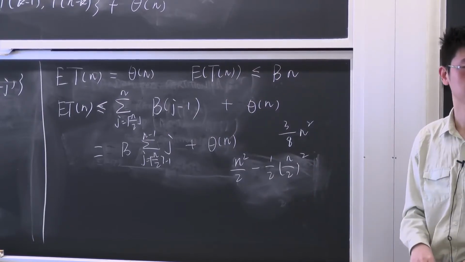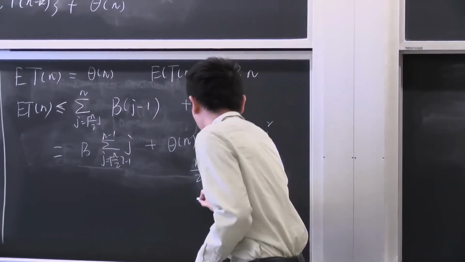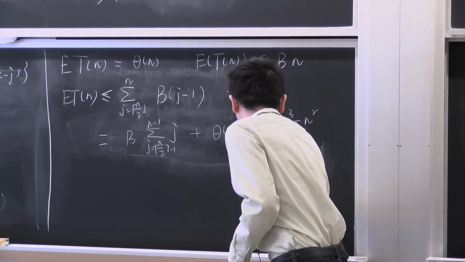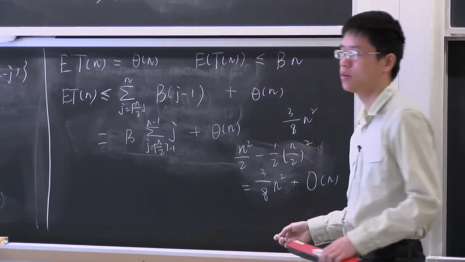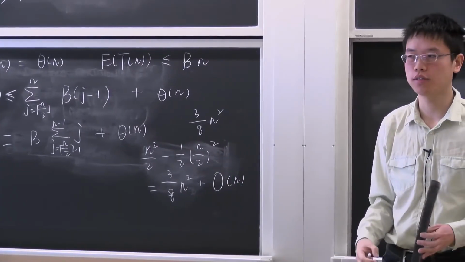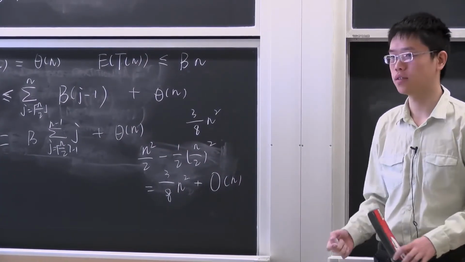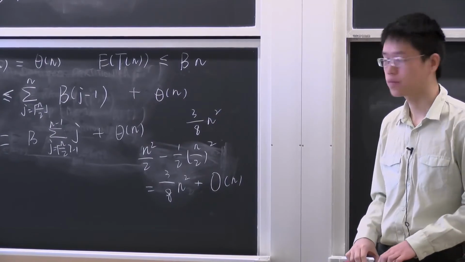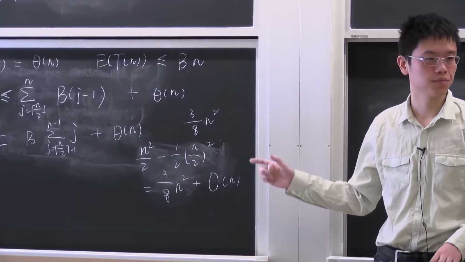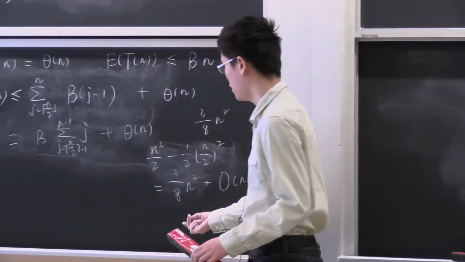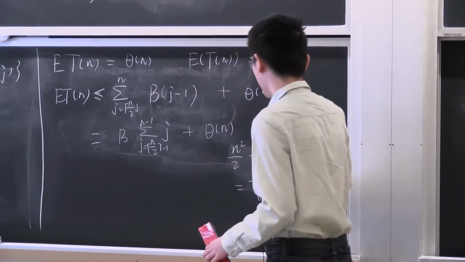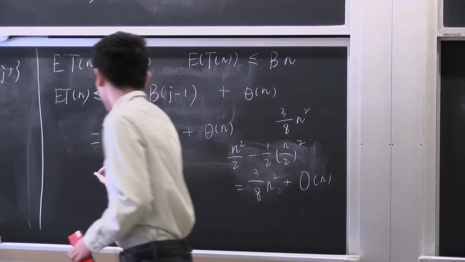Make sense? So this is roughly 3 over 8 n squared plus an order n term, or less, or constant. Any questions? Does that make sense? Yeah. Then it's very easy if we just plug this in.